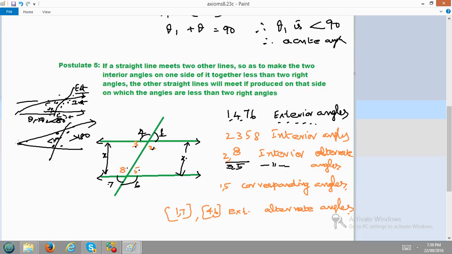Even if they meet here, the same wording applies. You take a parallel line here just for an easy example.